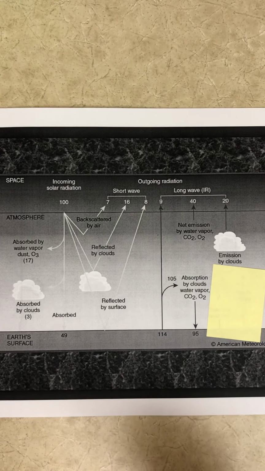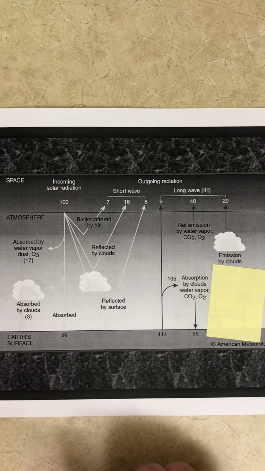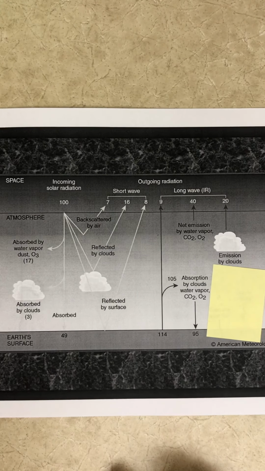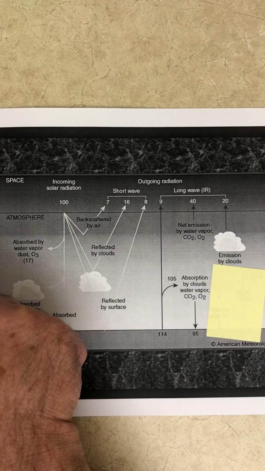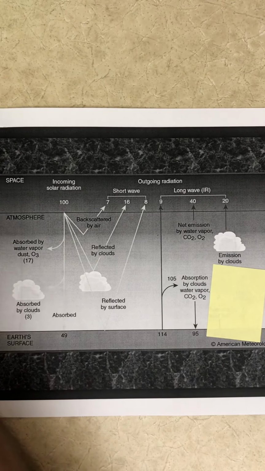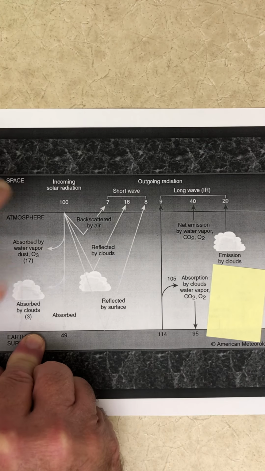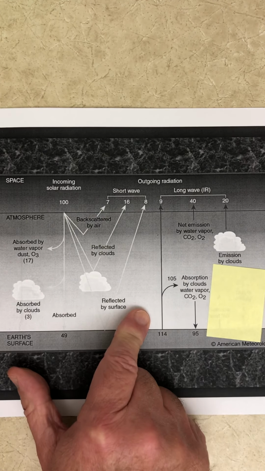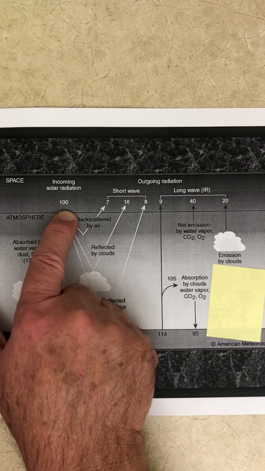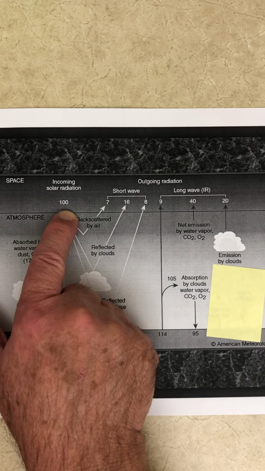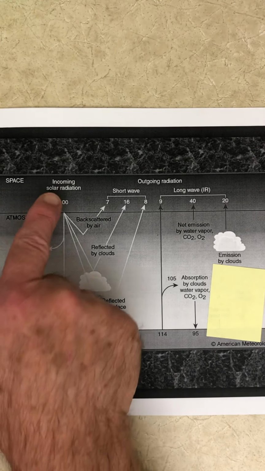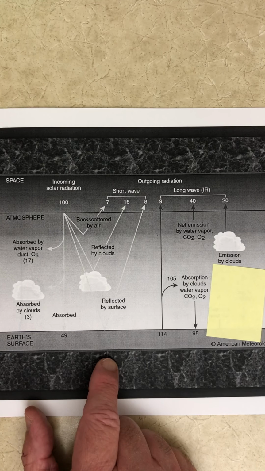Okay, now let's look at the figure as a whole and pick out the points that we really need to understand. So what we're looking at here at the top of the Earth's atmosphere, there's a line drawn. And we're looking at all the radiation coming in and all of the radiation going out. If you look at what's coming in, it's only incoming solar radiation, which makes sense. And we assign a value of 100 units of incoming solar radiation to the amount of energy coming in through the top of the Earth's atmosphere.